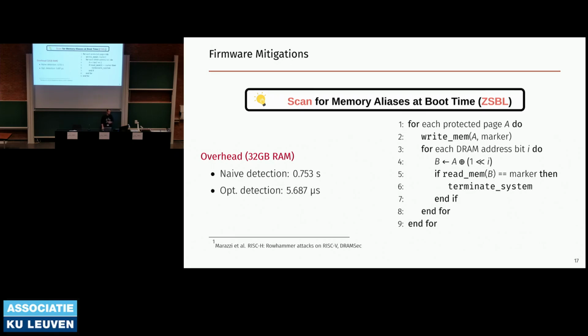Then, due to some work that was done by the ETH group, where they wanted to perform rowhammer attacks, they reverse engineered the memory controller for this board, which was very helpful, thank you, which enabled us to create a more optimized boot time detection mitigation.